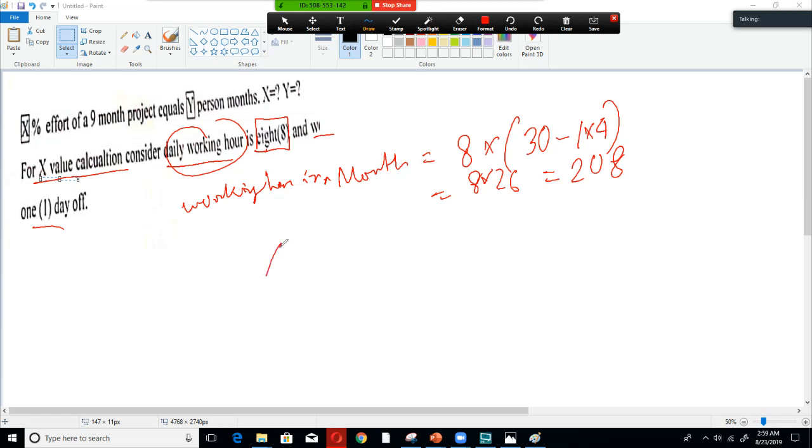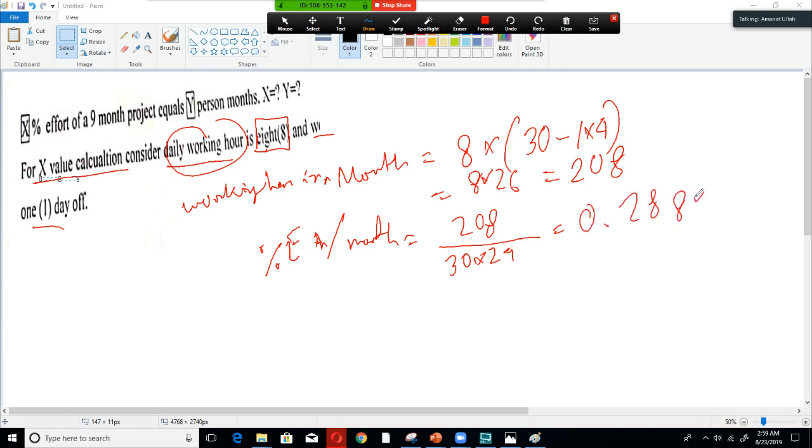Percentage effort per month equals 208 divided by 30 into 24, which is 720. So 208 divided by 720 gives us 0.2888. Now this is close to 29%.